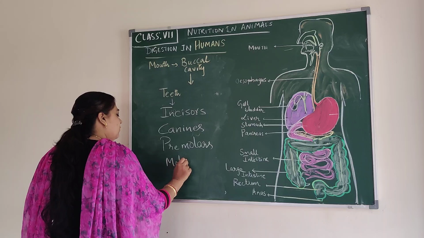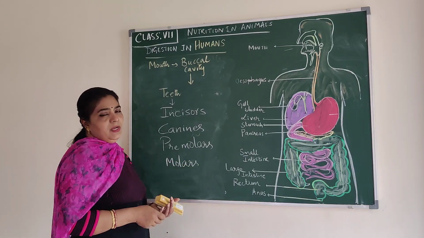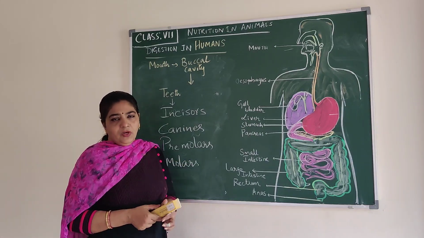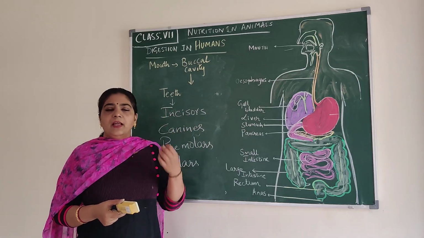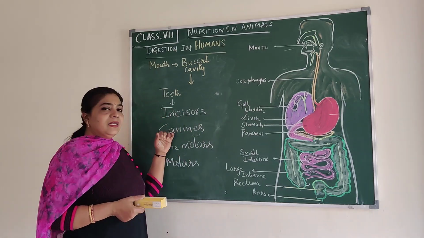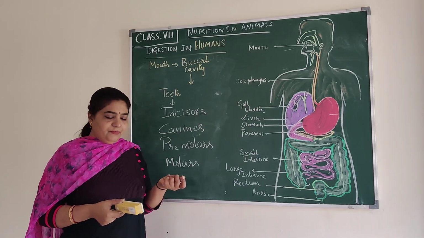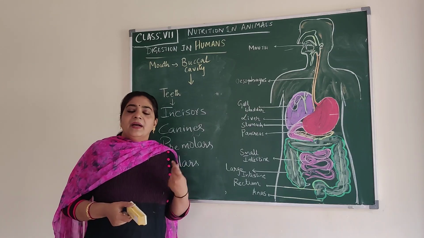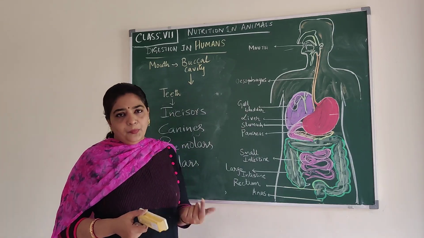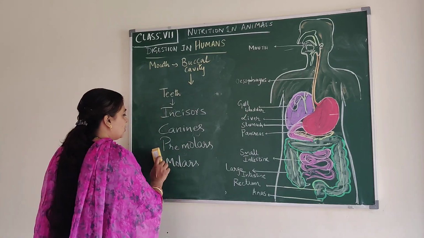Incisors help in biting. Canines help in tearing the food. Premolars and molars help in grinding the food, making it into paste. So that's the function of teeth.